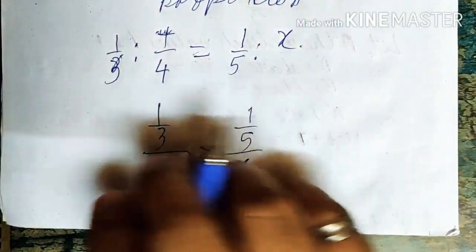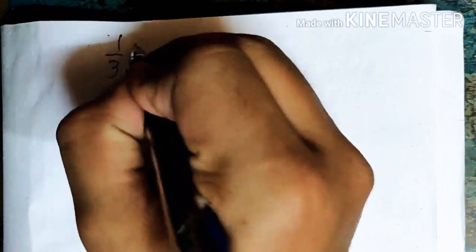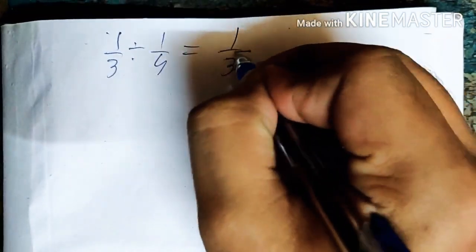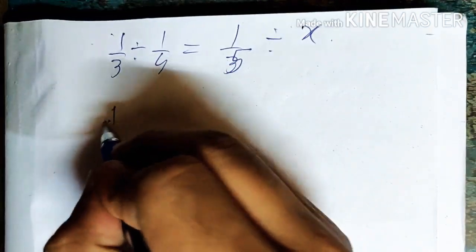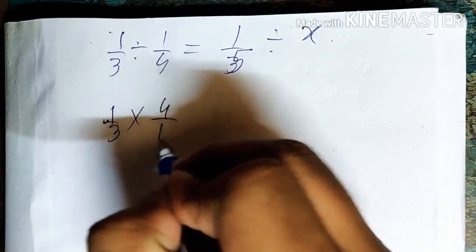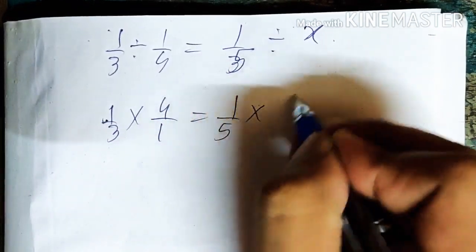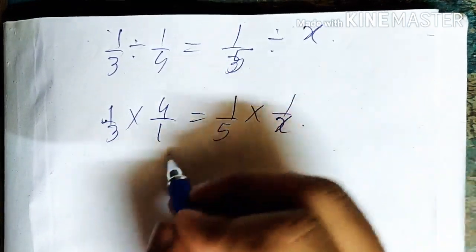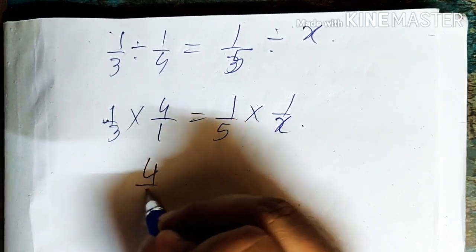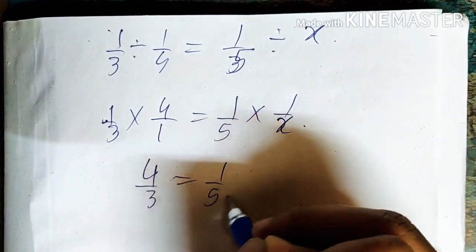Here 1 upon 3 and 1 upon 4 can be written as 1 upon 3 divided by 1 upon 4 equals 1 upon 5 divided by x. This means 1 upon 3 into 4 upon 1 equals 1 upon 5 into 1 upon x. So this can be written as 4 upon 3 equals 1 upon 5x.